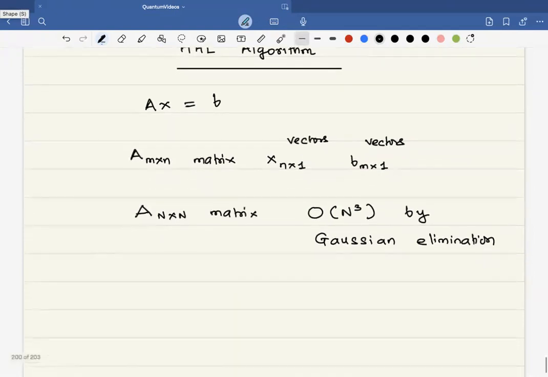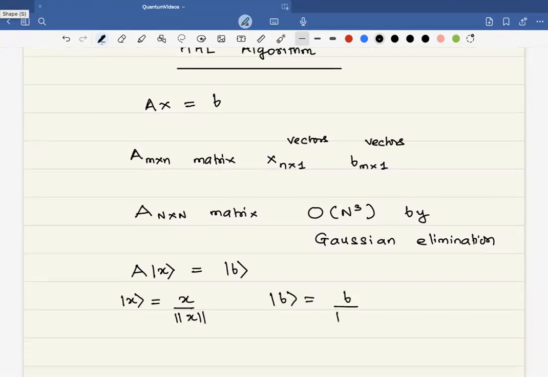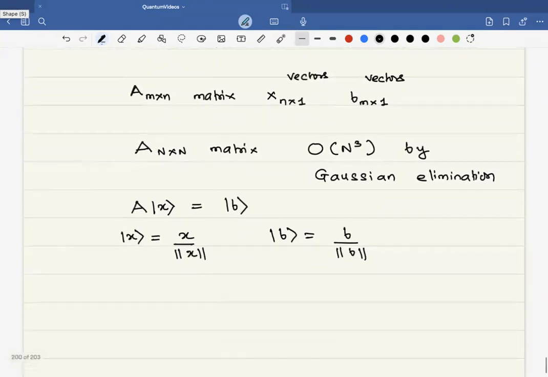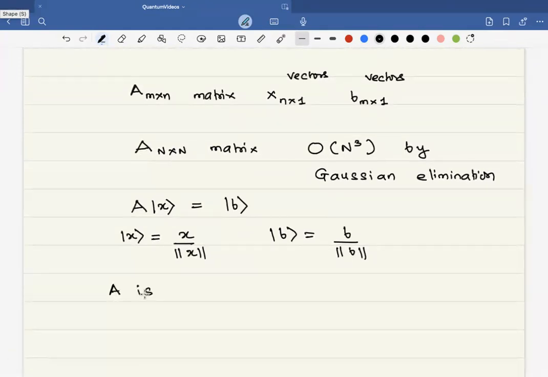So let's write this equation down in a way that makes sense in quantum mechanics. This is AX equal to B, and let's take |x> as X over the norm of X, and |b> as B over the norm of B. Now, initially, we'll assume that A is Hermitian, and let A also be a square matrix.